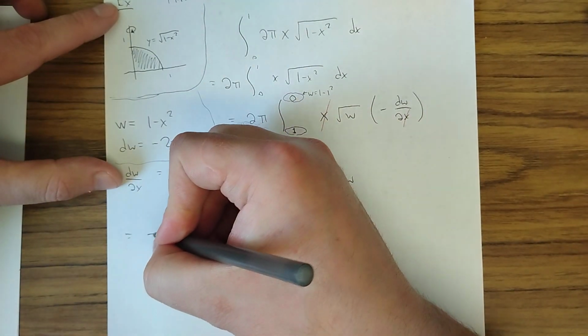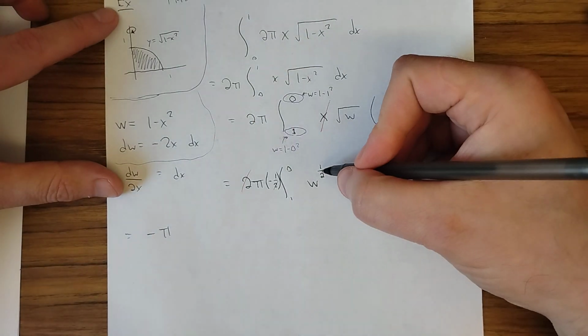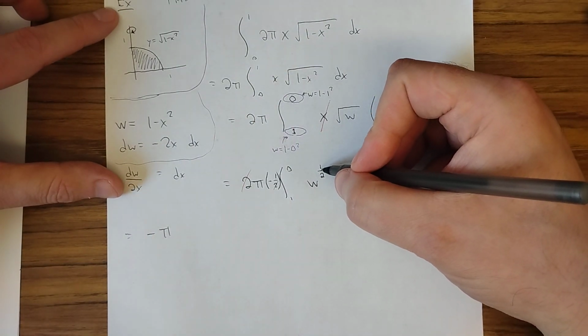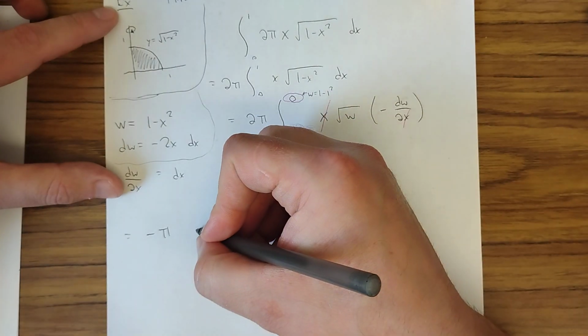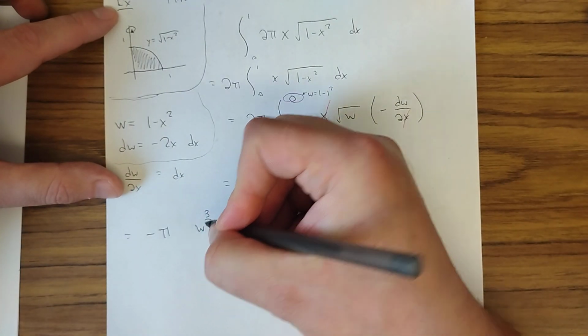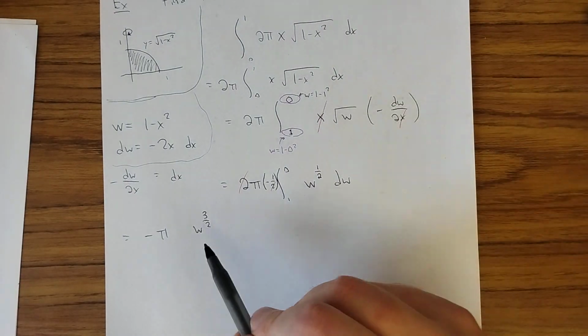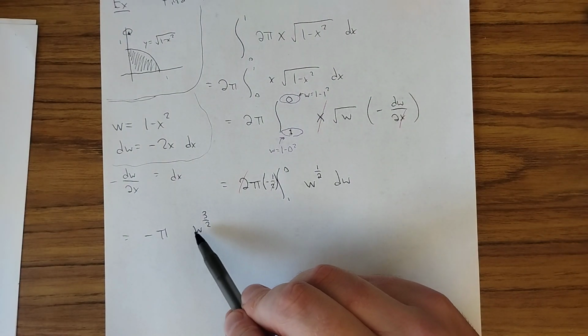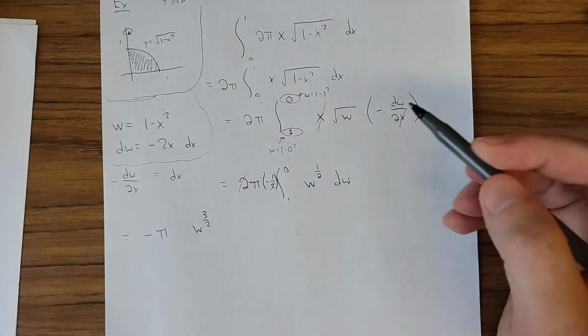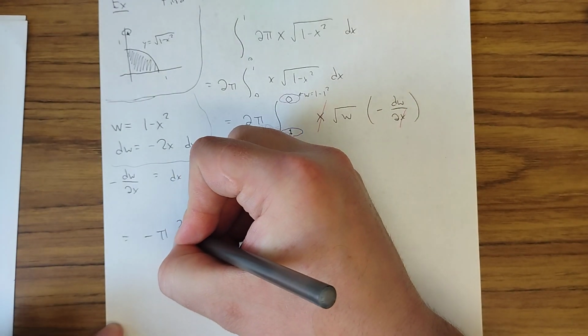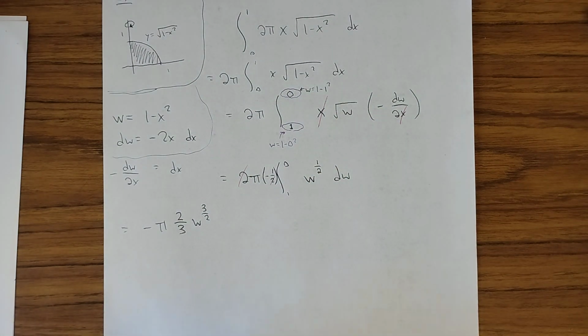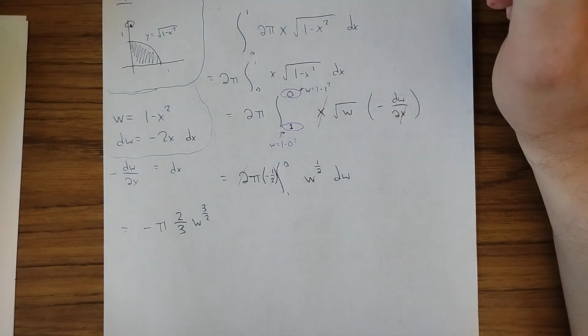So I have got a negative pi times, all right, here now I'm finally ready to do the antiderivative. I go w to the 3/2, because for an antiderivative I increase the power by 1, and then I'm supposed to divide by that new power, so I'm supposed to divide by 3/2, but let me multiply by 2/3, because that's the same as dividing by 3/2.